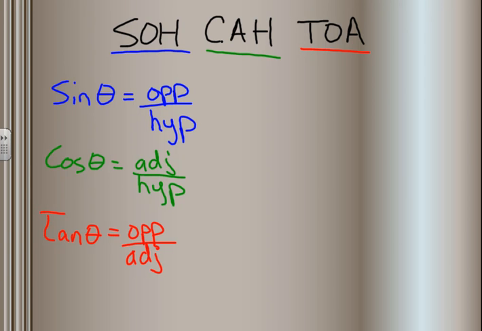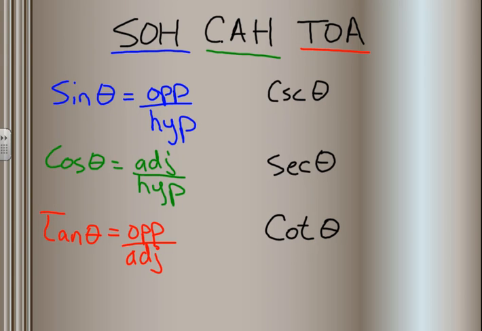So we're going to do cosecant, which should be spelled CSC of theta, secant of theta, which is SEC, and cotangent, which is written as cot.